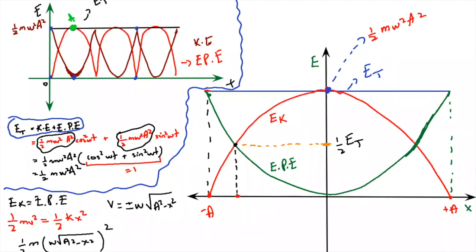So don't forget it. Whenever we do any kind of calculation, like derivation and stuff, always use this. But there are some cases where you may use that. But in this scenario, we're using this. 1 over 2kx squared.